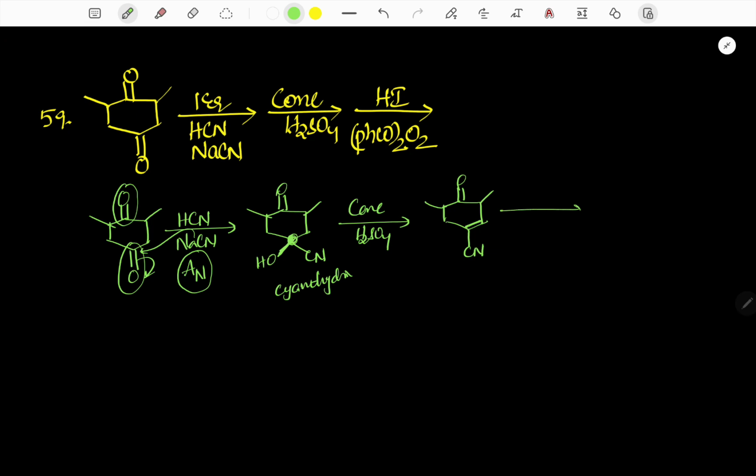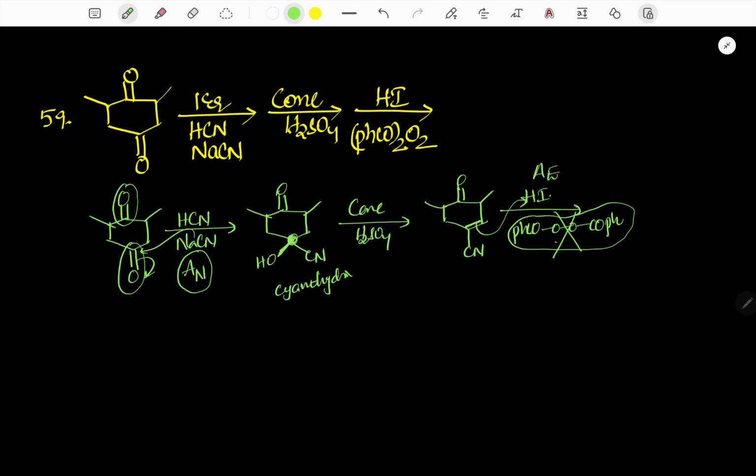Now this dehydrated compound is treated with HI in the presence of benzoyl peroxide. Benzoyl peroxide is a radical initiator. HI and radical initiator. There is no use of the radical initiator, because HI reacts the same way whether peroxide is there or not. That is electrophilic addition.